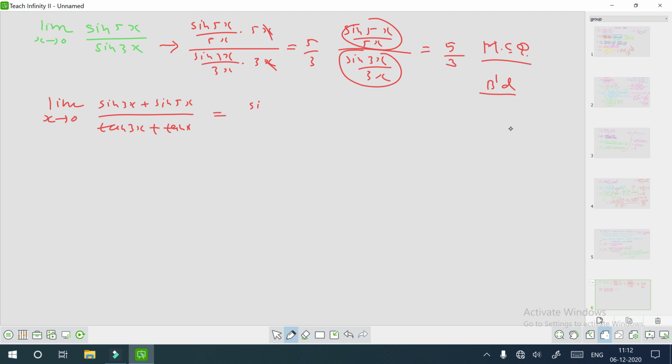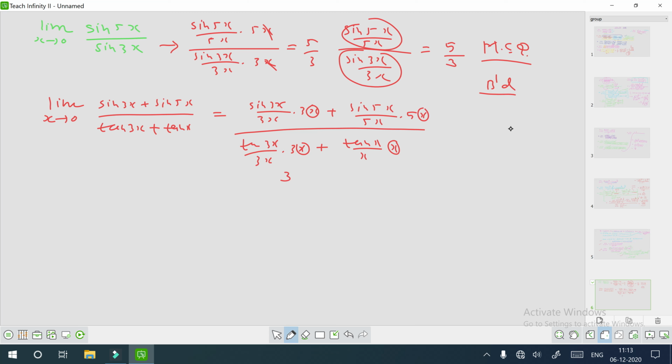Okay, sine 3x over 3x into 3x, sine 5x over 5x into 5x, over tan 3x over 3x into 3x plus tan x over x into x. Say this x and this x are directly taken common and cancelled.